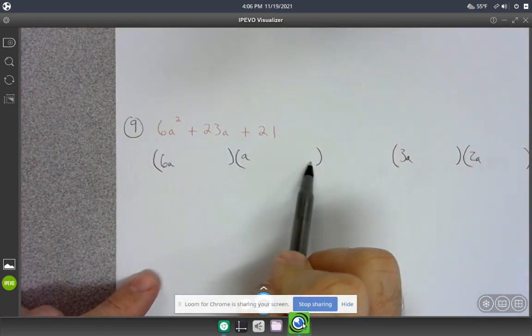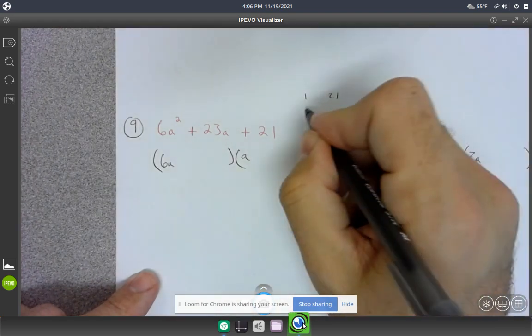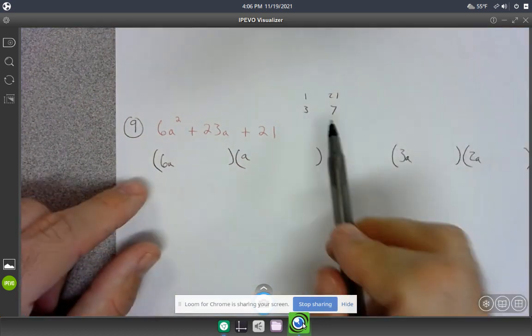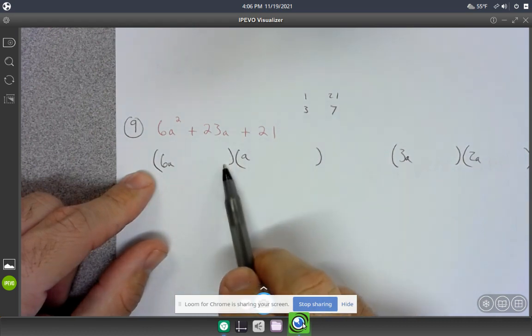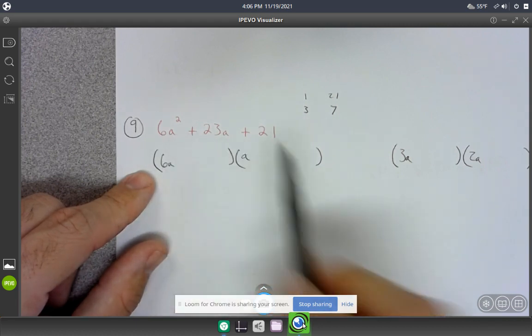So for these two slots, I know it's got to multiply to 21. So it's either a 1 and 21, or it's a 3 and a 7. Okay, so if I try the 3 and the 7, I can't put the 3 with the 6 because they would have a 3 in common, and my original doesn't have anything in common.